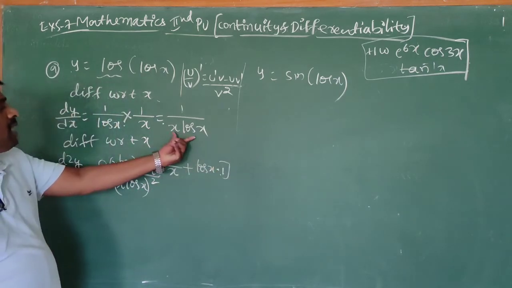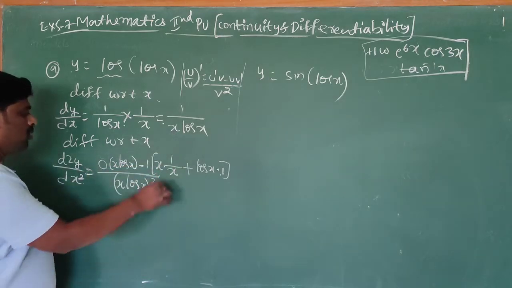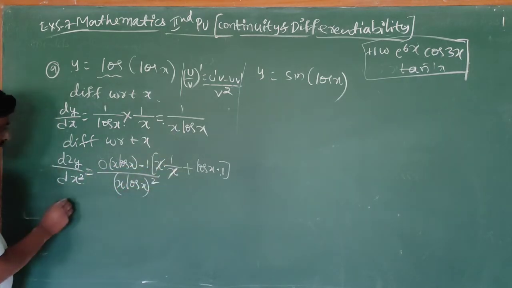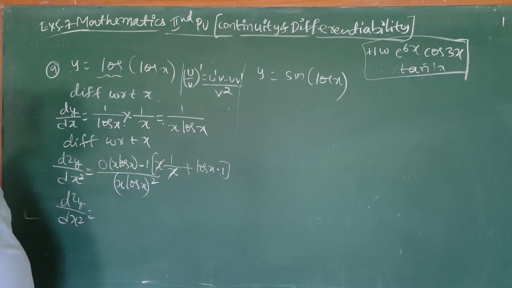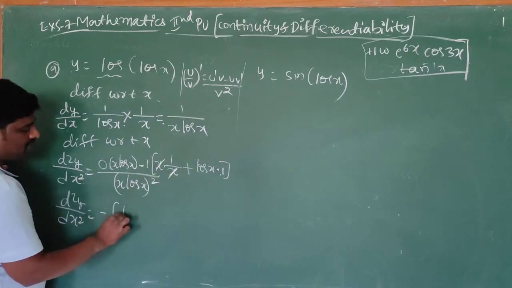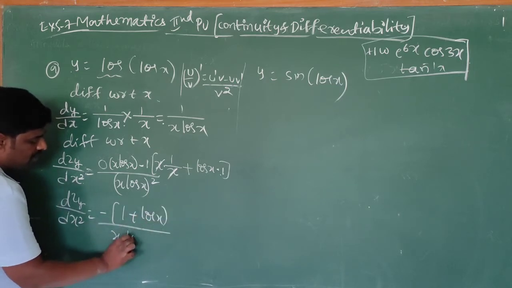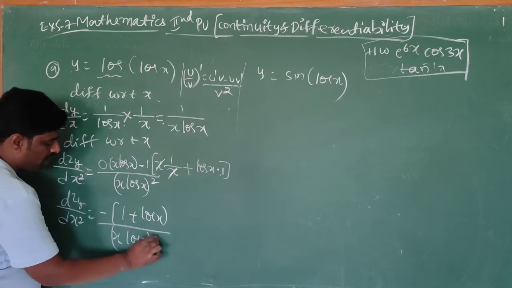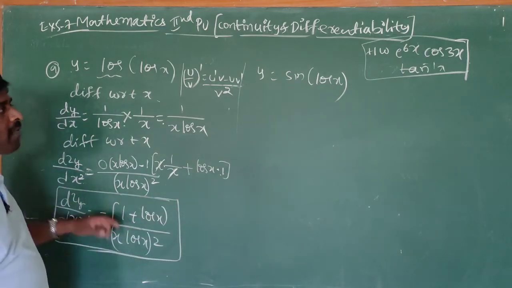Because v is of the form uv, you have to apply the product rule. X gets cancelled. So d square y by dx square is equal to 0 into this function is 0 minus, so 1 plus log x divided by x log x whole square. So this is d square y by dx square.